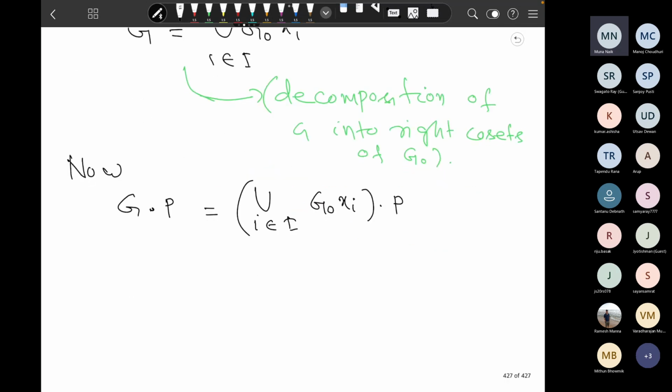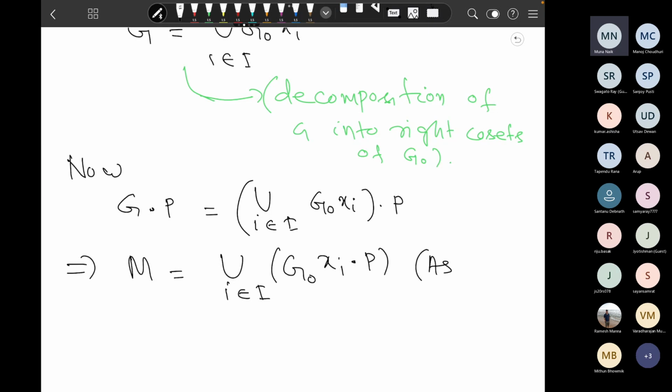But since this action is transitive, G dot p is the whole M. So M is equal to the union of G naught xi dot p, as G acts on M transitively.